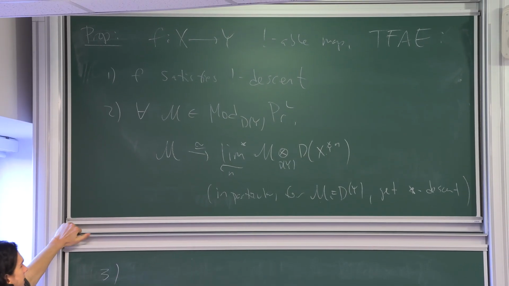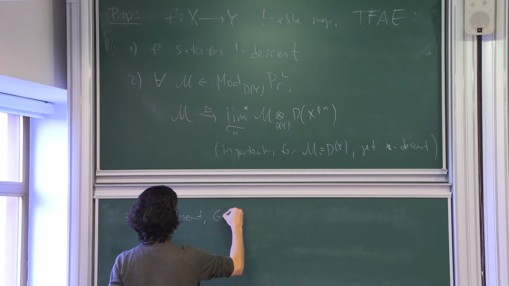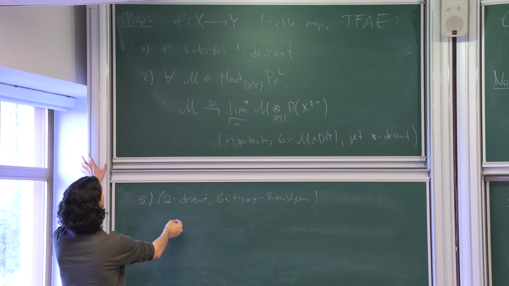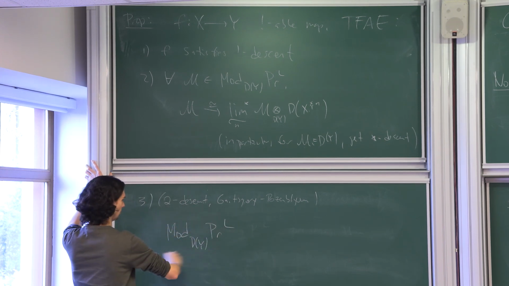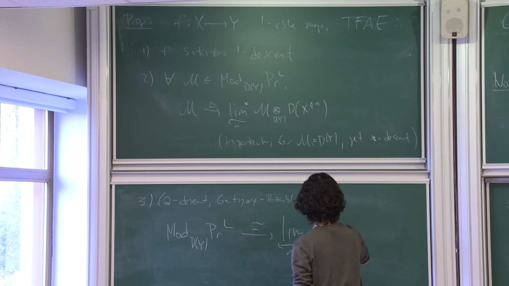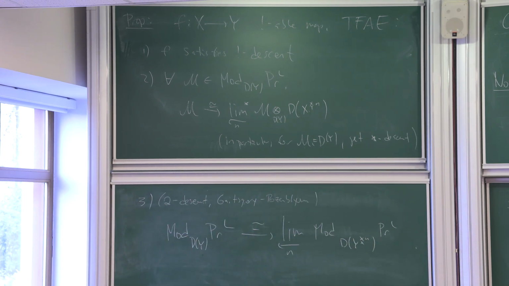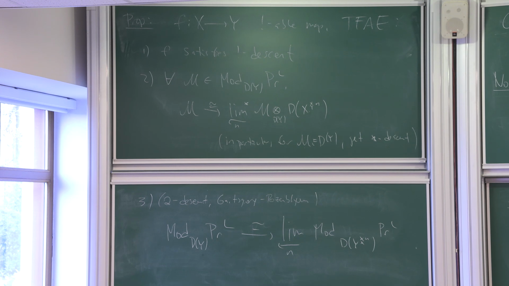And then the third condition is kind of a categorified version of star descent. So it's called 2-descent, studied by Gaitsgory and Rozenblyum, which is kind of a remarkable thing. So if you take this whole category, then assigning to y this category also satisfies descent, in the sense of infinity 1.